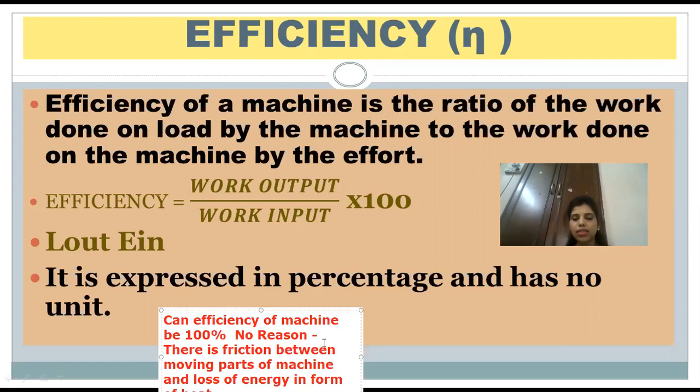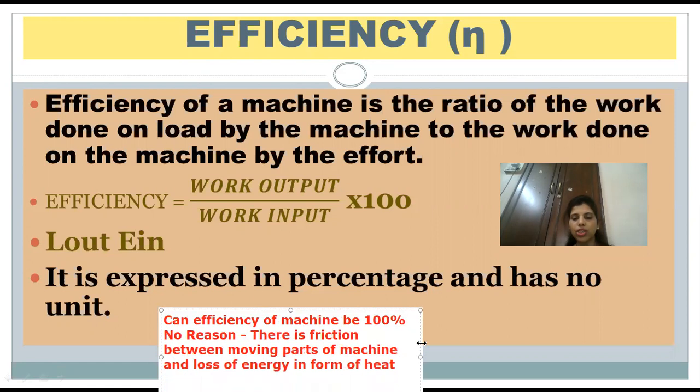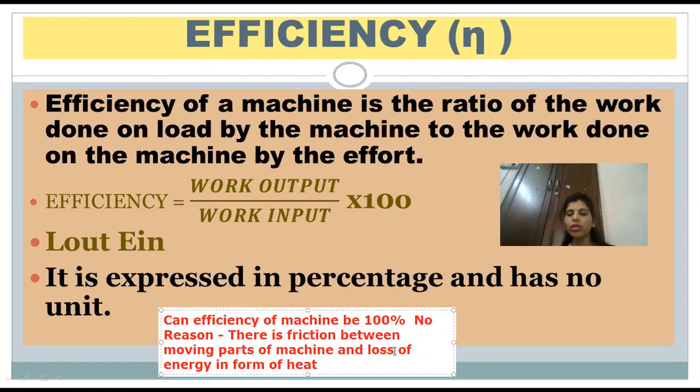And that's the reason any machine which is in use cannot have 100% efficiency. Only an ideal machine is going to be 100% efficient, but that particular machine does not exist. The reason is there is going to be friction between the moving parts of the machine and loss of energy in form of heat. So please understand this and write this down.